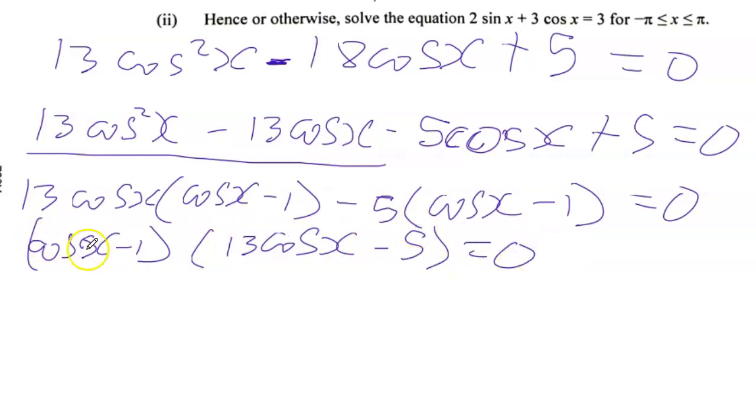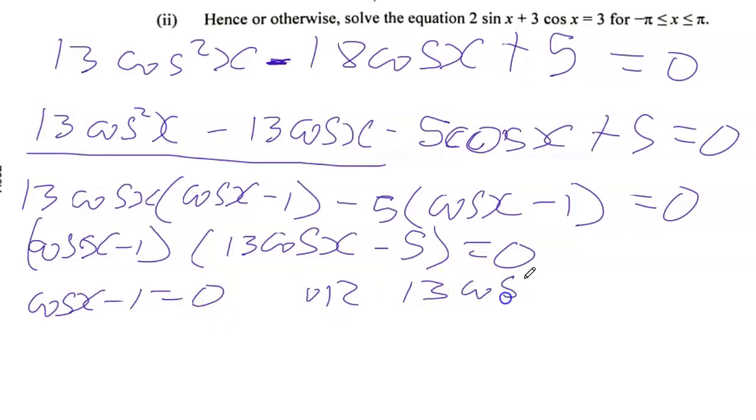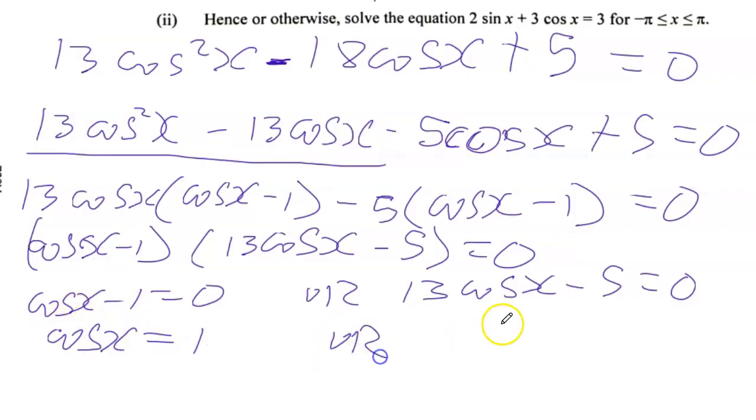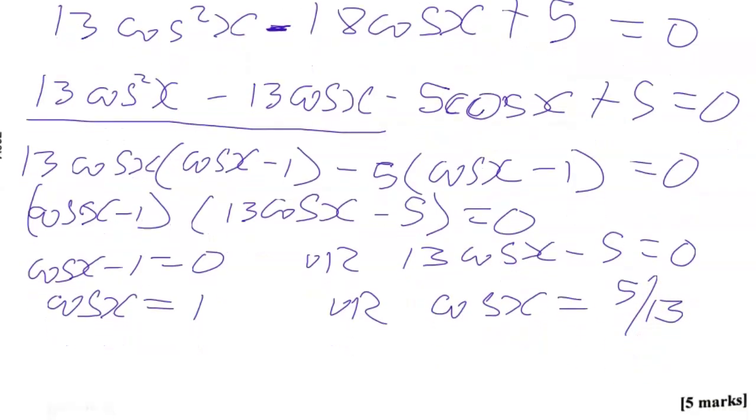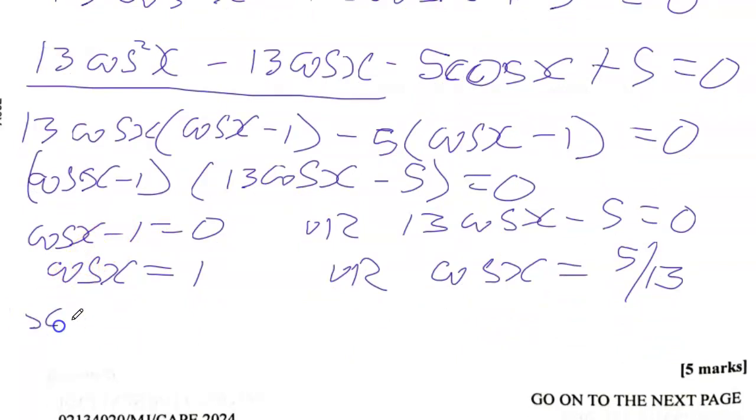And we can equate both factors to 0. So cos x minus 1 equals 0, or 13 cos x minus 5 is equal to 0. Here it means that cos x is equal to 1, or bring over the 5 and divide by 13, cos x equal to 5 over 13. So the solution, x would be equal to cos inverse 1.